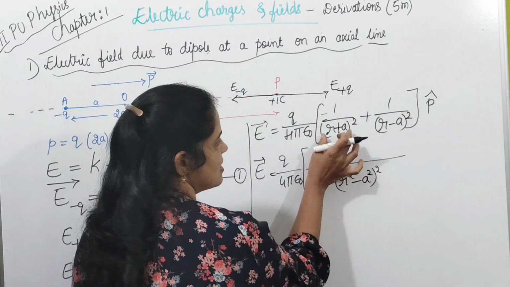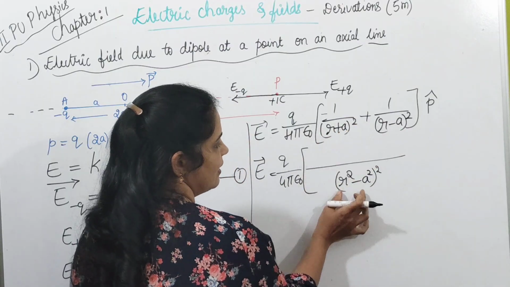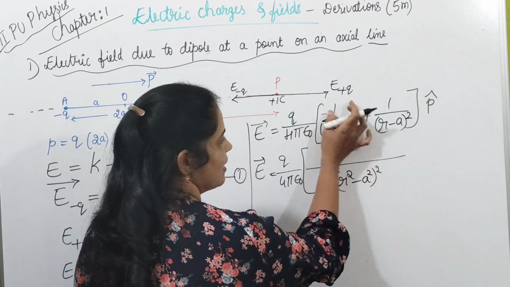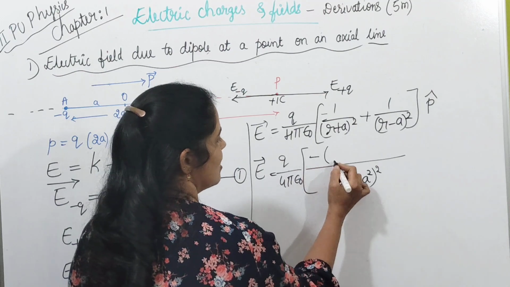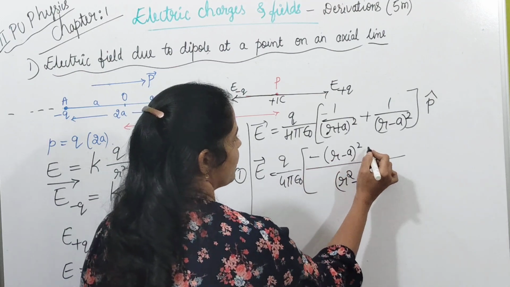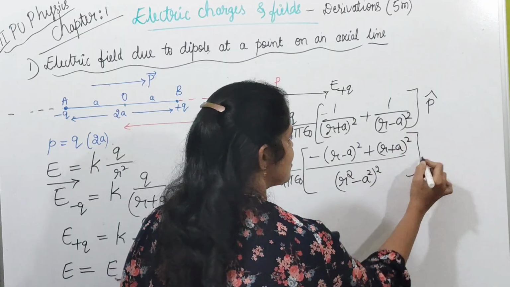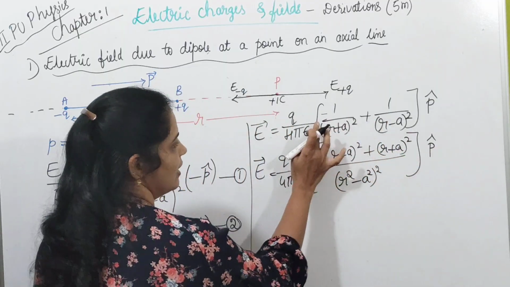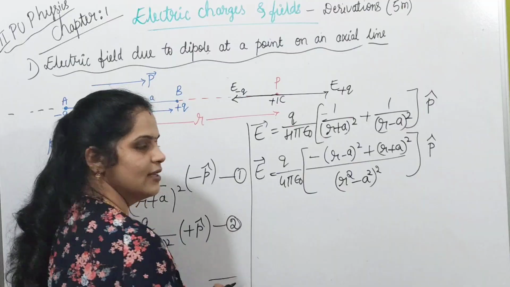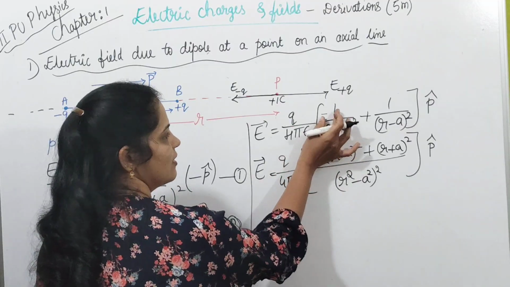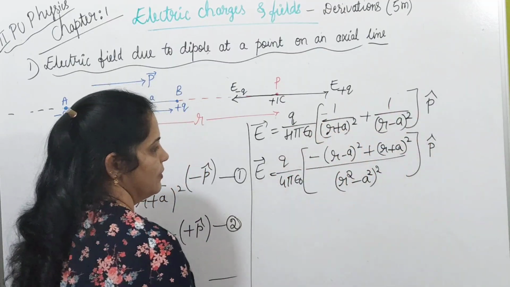Cross multiply. Say R plus A whole square is already there. So you just multiply this, cross multiply, minus R minus A whole square plus R plus A whole square. You can also write this term here and minus term here, one and the same, okay? You can also write the first term as a second term, okay?